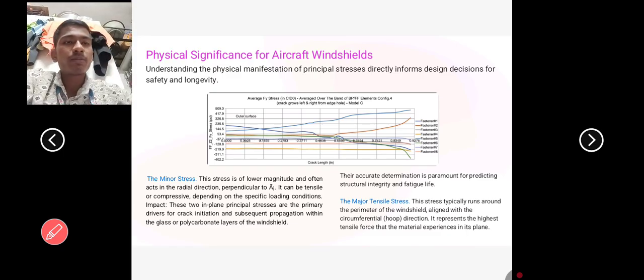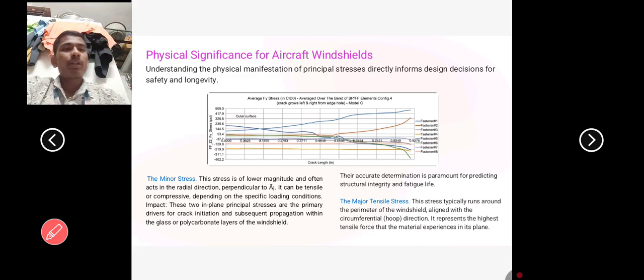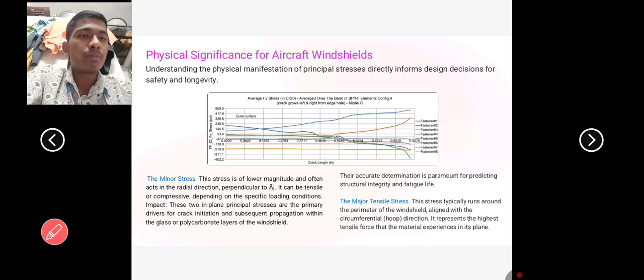Major principal tensile stresses typically run around the perimeter of the windshield, aligning with the circumferential hoop direction. They represent the highest tensile force the material experiences in its plane.